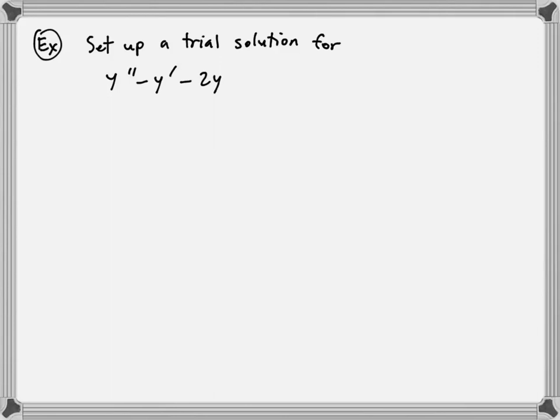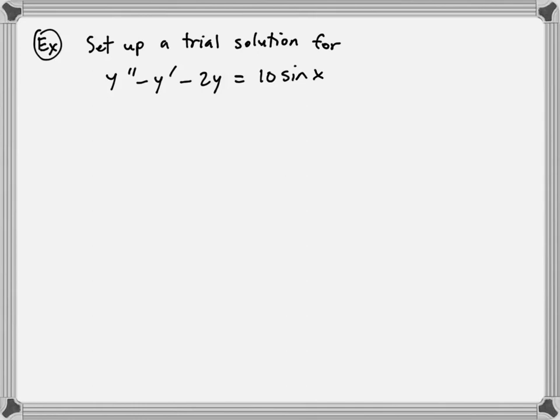So, example: I want us to set up a trial solution for y double prime minus y prime minus 2y is equal to 10 sine x. We haven't done one yet with sine and cosine, so this will be good practice.